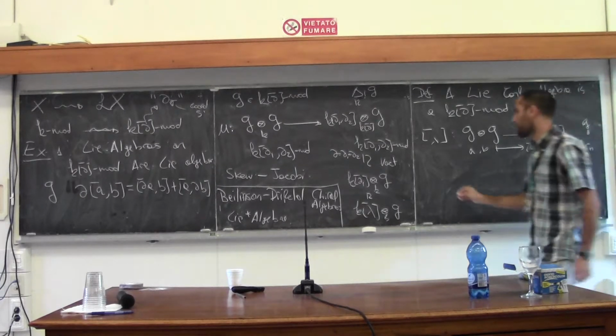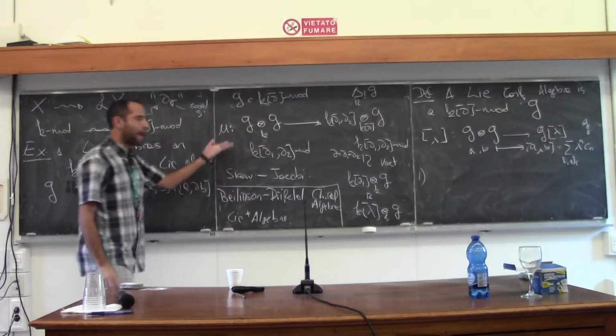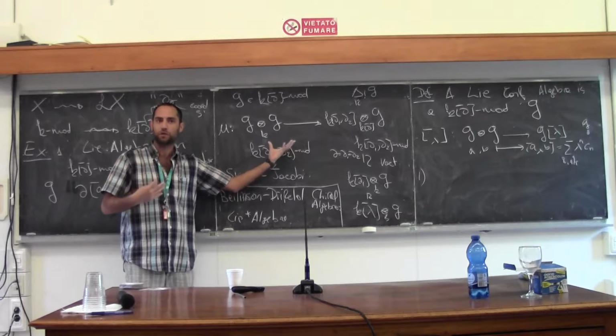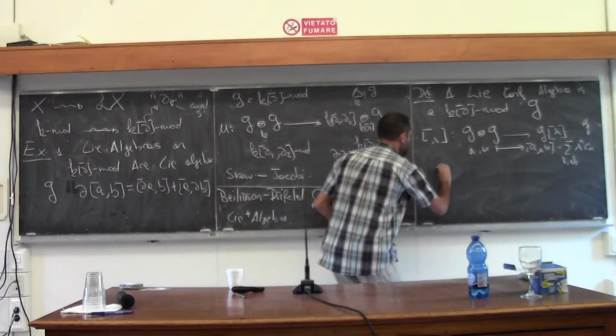Satisfying three axioms. One. Well, I have some axioms that were remainders of the fact that this morphism should commute with the derivations on both sides. So let's write them down.